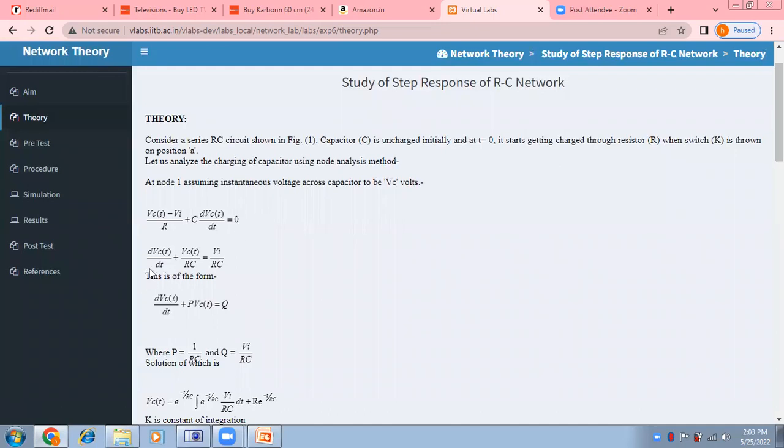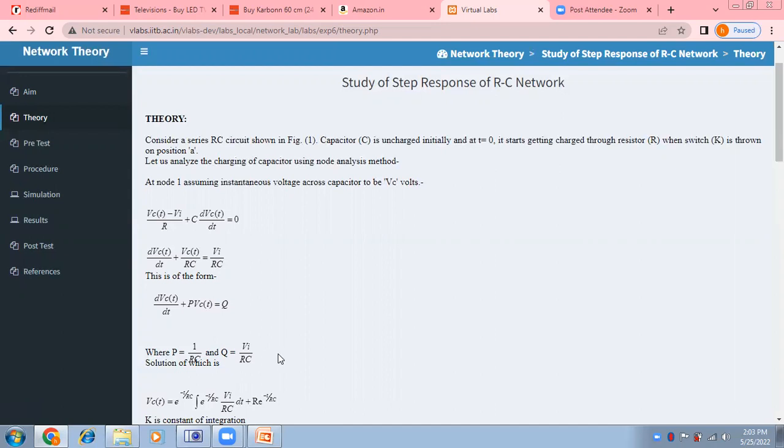This is of the form dVc(t)/dt plus P Vc(t) is equal to Q, where P is 1 upon RC and Q is equal to Vi upon RC.